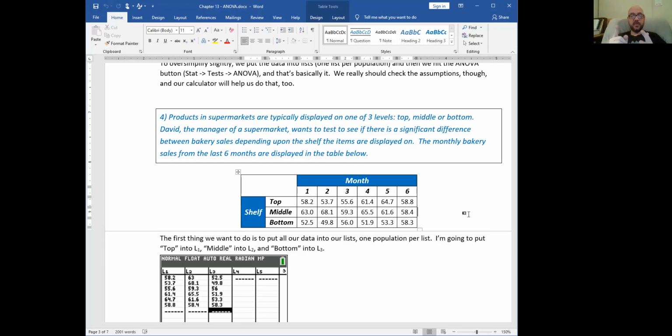The reason I bring that up is that what we're doing here is the numerator is our version of the signal. How far apart are the sample means? And the denominator tells you how much noise you have. How spread out is each group, or how spread out are the groups collectively, is really what I'm trying to say there.